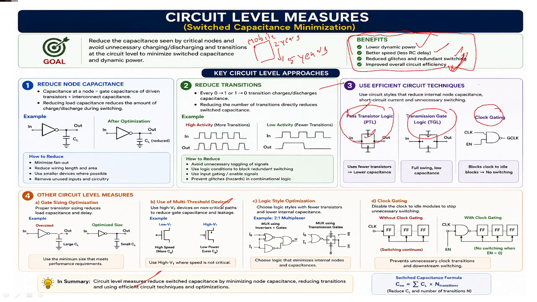Without clock gating it consumes more power. If you use clock gating, you can reduce the power consumption. When it is not required, you can stop the clock, and enable should be 0.